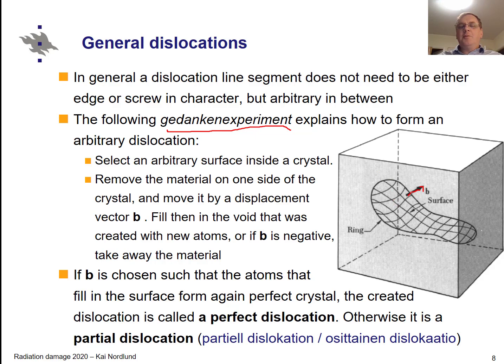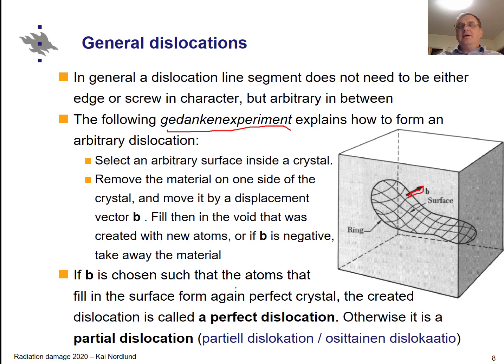or if b is in the opposite direction, you press atoms on top of previous atoms and then remove the atoms which were pressed on top of previous atoms. And this can in principle be done for any surface and any vector b.